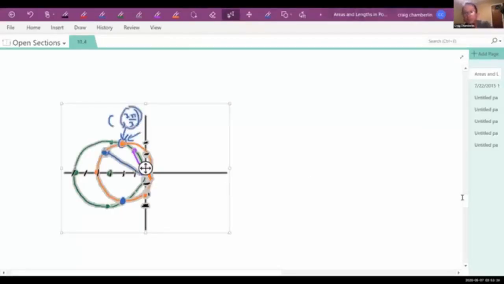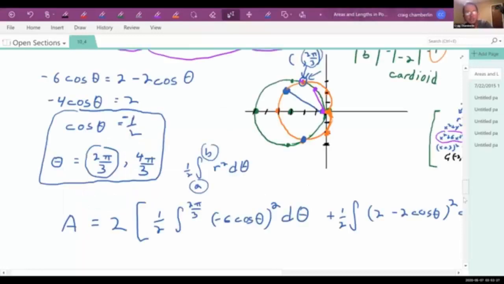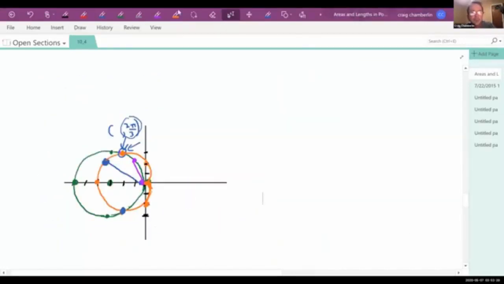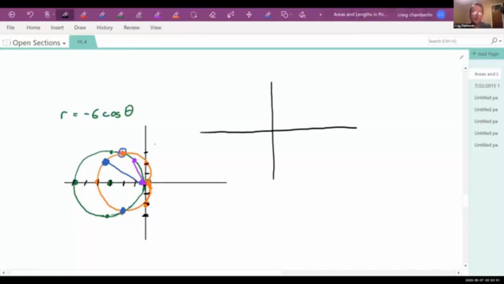Okay, so remember the equation of that circle is r equals -6 cosine theta. So just focus on the curve in green. The equation of the curve in green is -6 cosine theta. Now, if you were going to trace that out by hand and not convert it to rectangular coordinates, then much like plotting the cardioid, you'd get a table of r and theta.